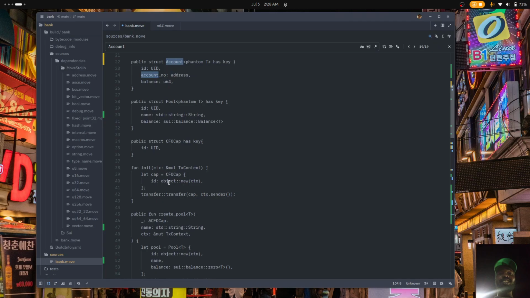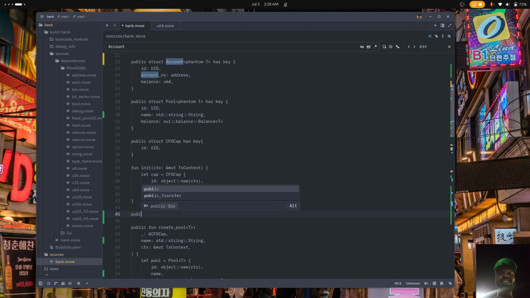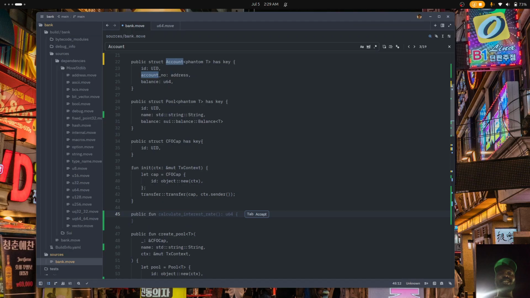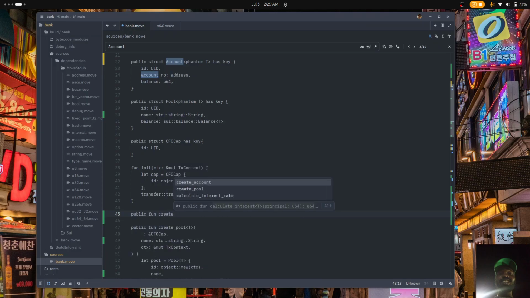So managers can actually allow people that own an account to have the ability to loan money. The CFO should have the ability to enable managers to create managers, right? So create manager.